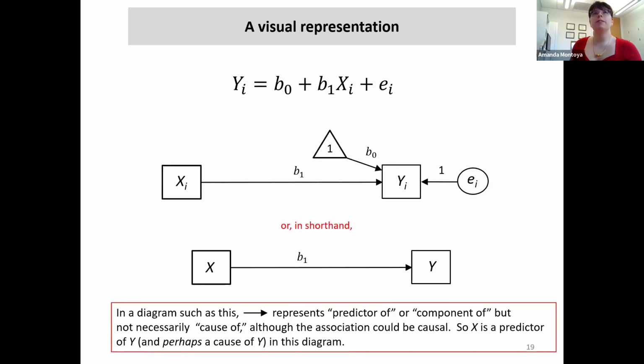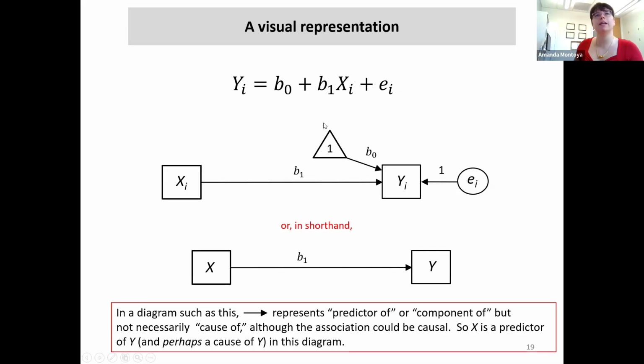We can also represent a linear regression in a visual form, and this is building up to how we will do this with mediation analysis specifically. A full and complete version of this equation would look like what's on top: I have my predictor x predicting y, and the arrow represents the relationship, called b1, which corresponds to our slope.